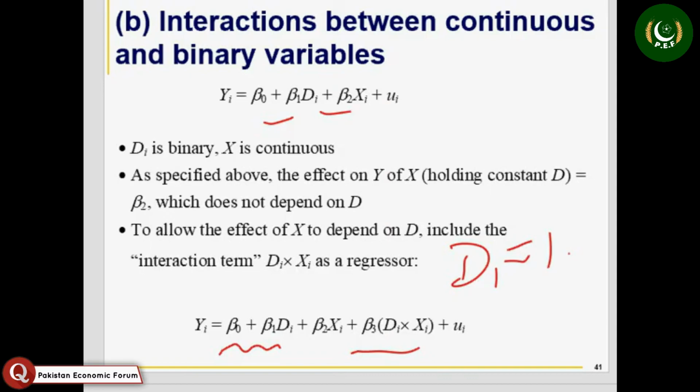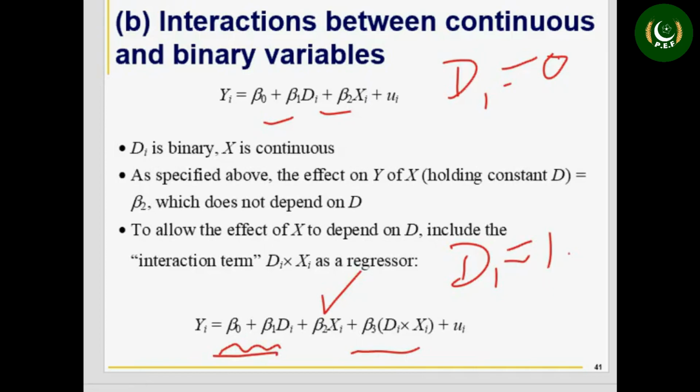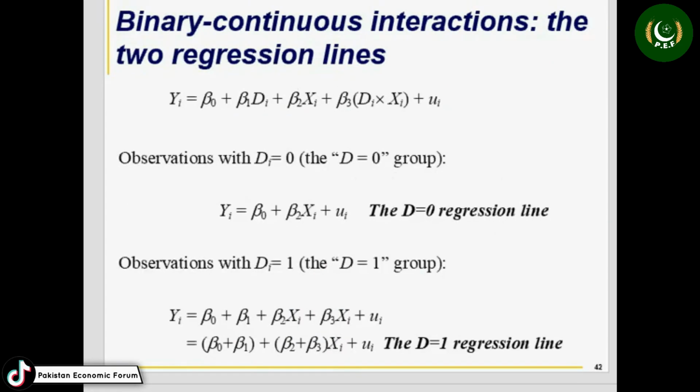And the slope, when D1 is 0, is only beta 2. When D1 is 1, not only the intercept will change, but the slope coefficient will be beta 2 plus beta 3 times xi. So you have slope and intercept both different when you have one binary and one continuous variable and their interaction.